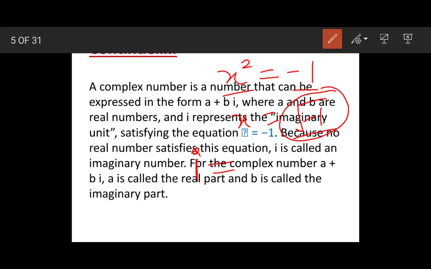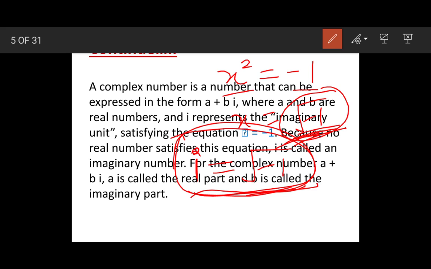So i is equal to root of -1. Why i? Because this number is an imaginary number, not a real number. Root of -1 is practically not possible in mathematical terms. So we imagine this number, and that's why this is known as an imaginary number. So imaginary number i is equal to under root of -1.